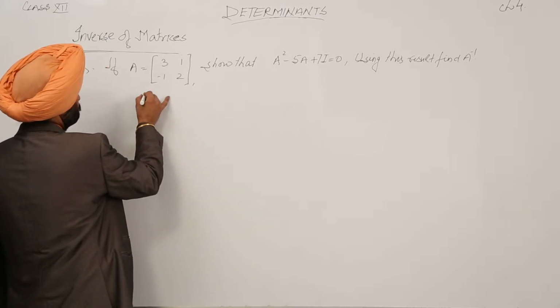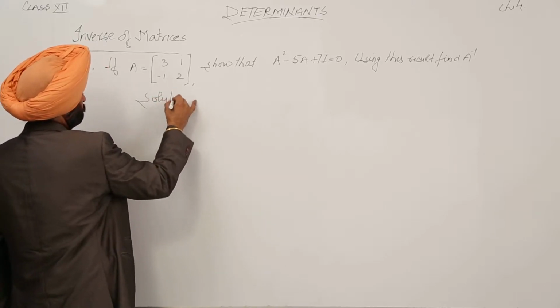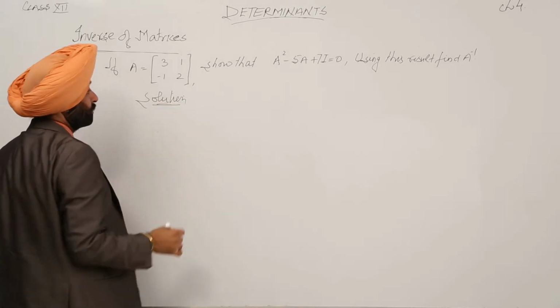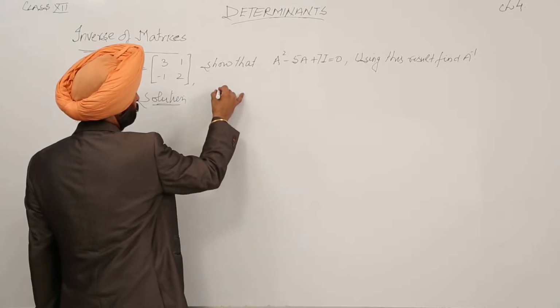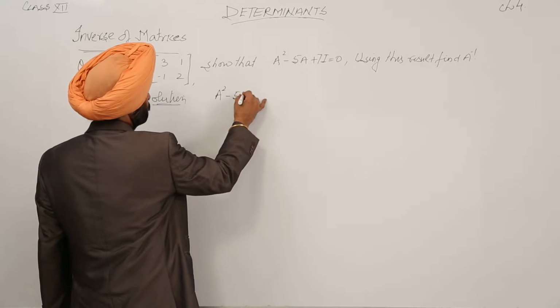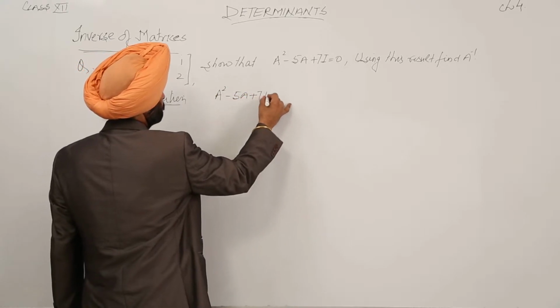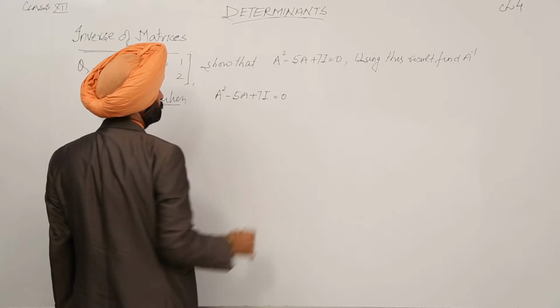First of all, we have to prove A squared minus 5A plus 7 times the identity matrix is equal to 0.